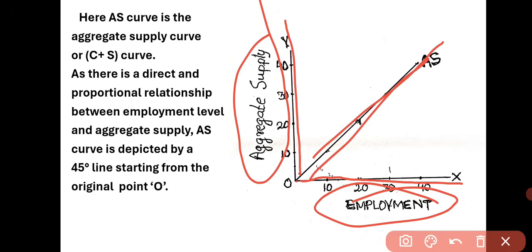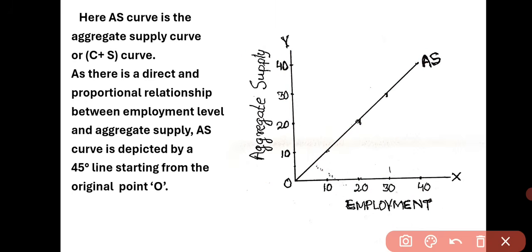And this aggregate supply curve is depicted by a 45-degree line. You see, this is 45 degree. The AS curve is depicted by a 45-degree line starting from the origin O.